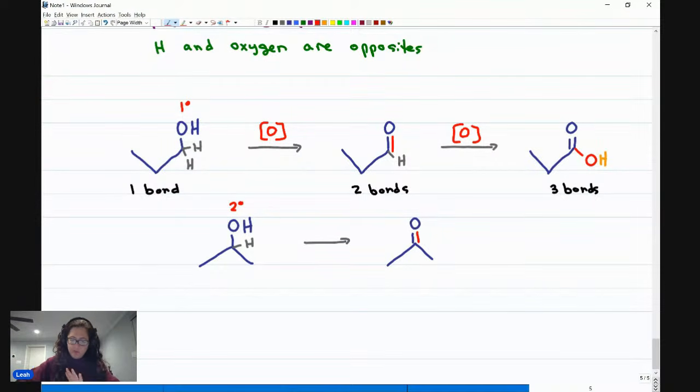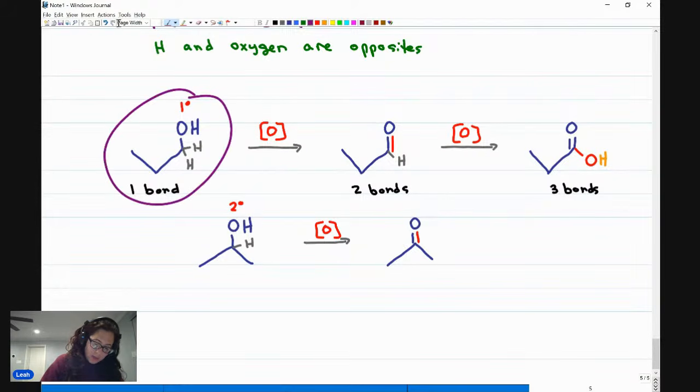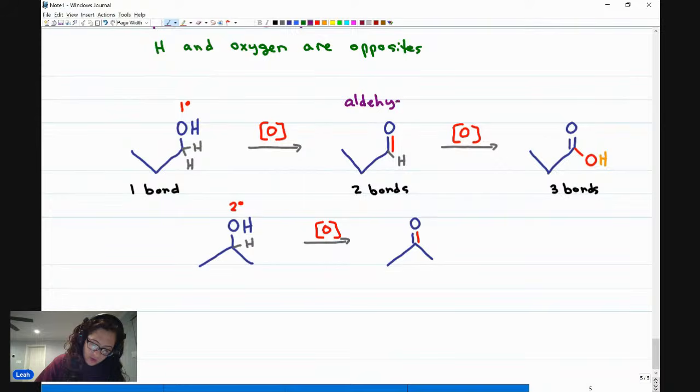But for right now, this is as far as it goes with oxidation. And what we get here, just to clarify, is a primary alcohol will be partially oxidized to an aldehyde, which is a terminal functional group, and fully oxidized to a carboxylic acid. A secondary alcohol will only get oxidized to a ketone, and it cannot go any further.